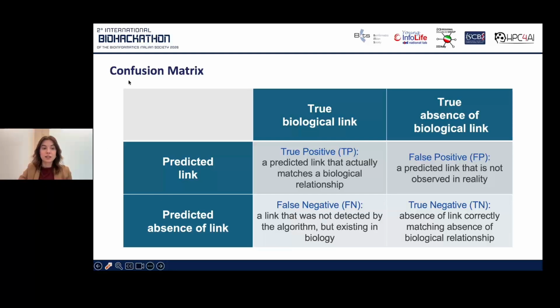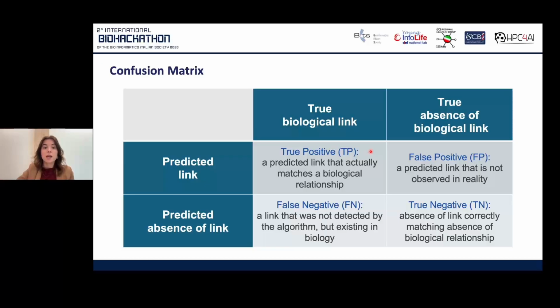This is just a table where we compare the true biological presence or absence of links with what we predict. So basically in this table we write the number of true positives, so all the links that were predicted by our network successfully because they were also matching a real biological relationship.